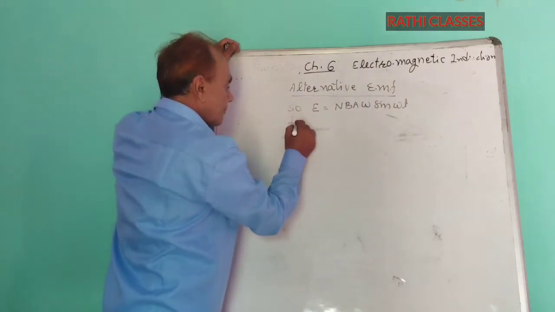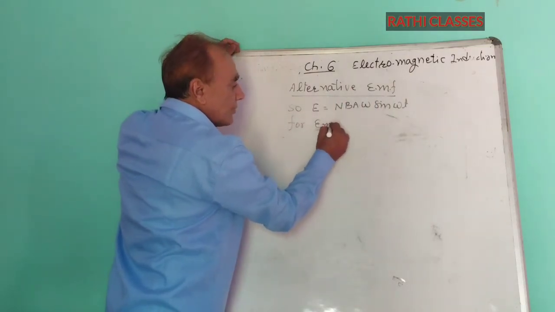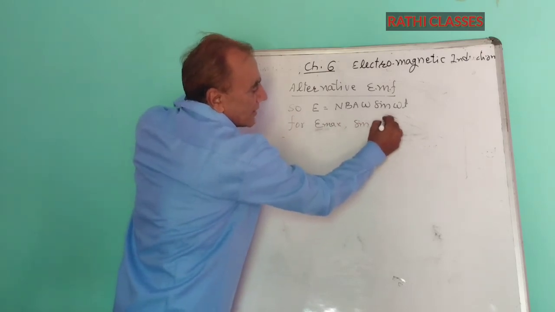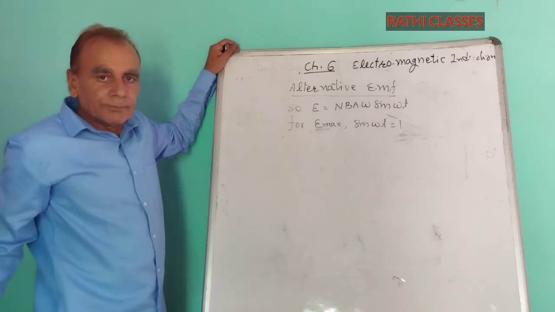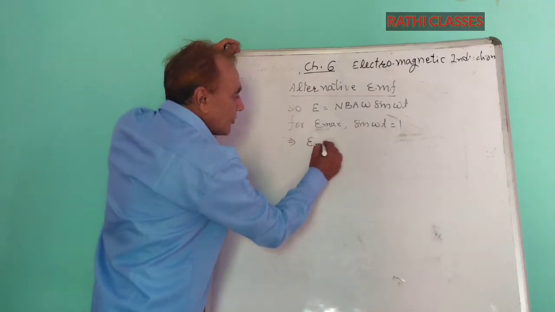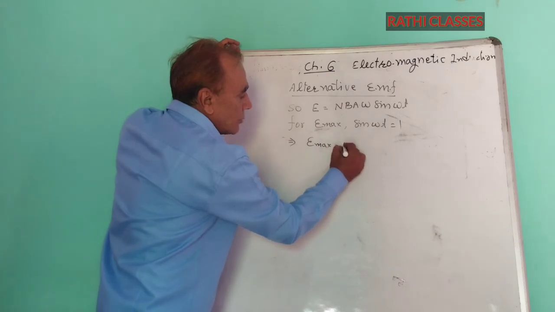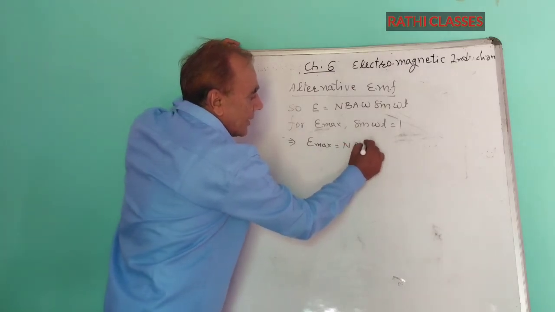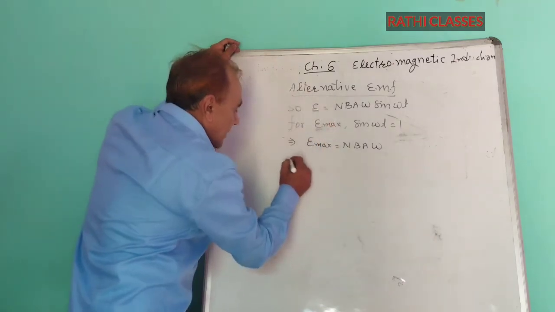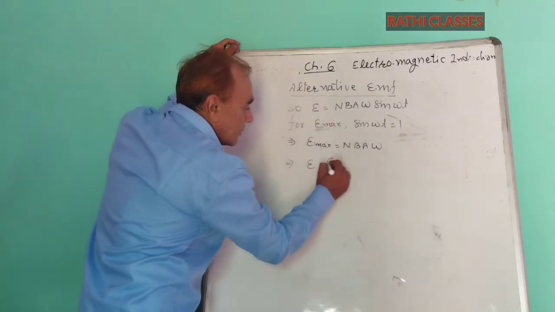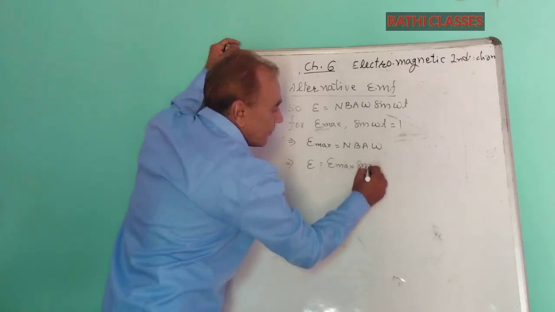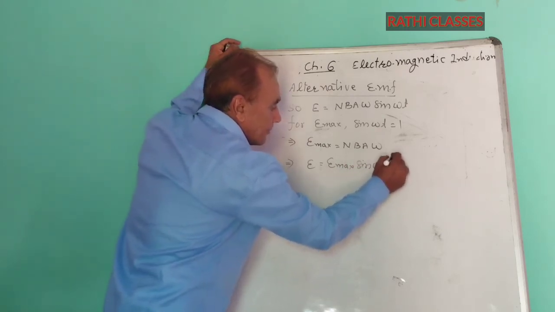For maximum EMF, E is equal to n B A omega sin omega t. For E maximum, sin omega t is equal to 1, implies E maximum is equal to n B A omega. Implies E is equal to E maximum sin omega t.